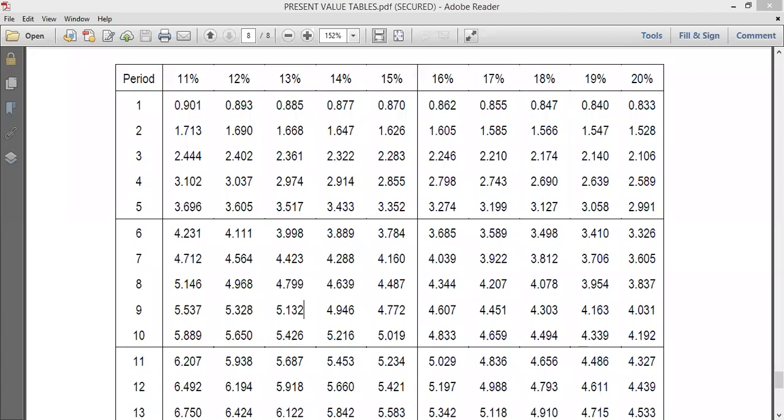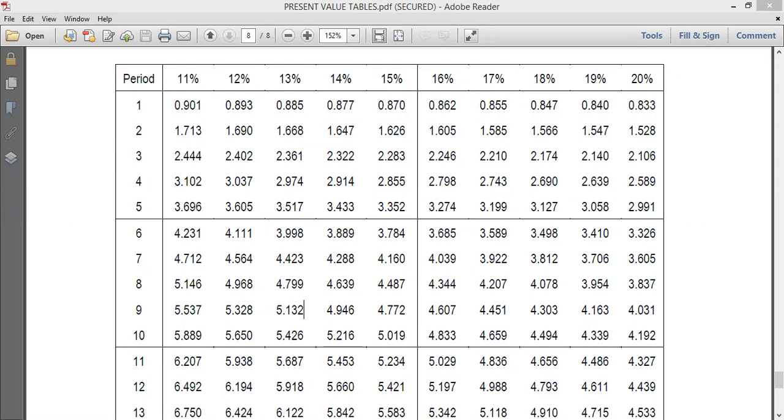AO by AB, absolutely correct. But you have to multiply that with the change in rate also, right? Yes, here it will be one only. And you have to add this to the lower rate, that is 12. So the formula is 12 plus 215 divided by 246.4 into 1%.